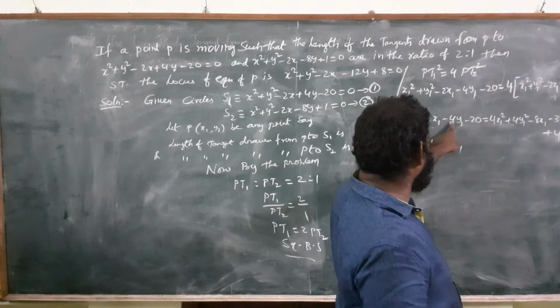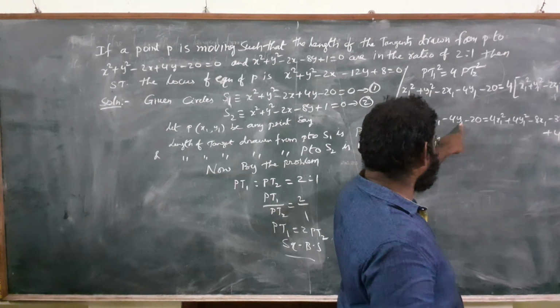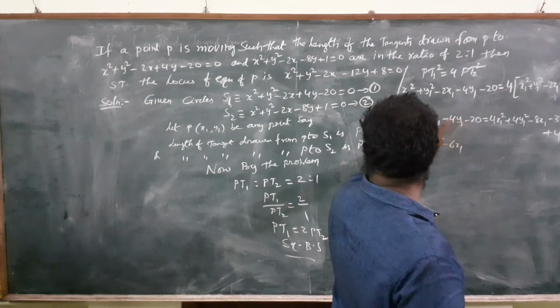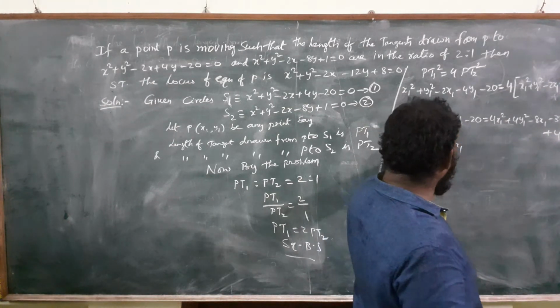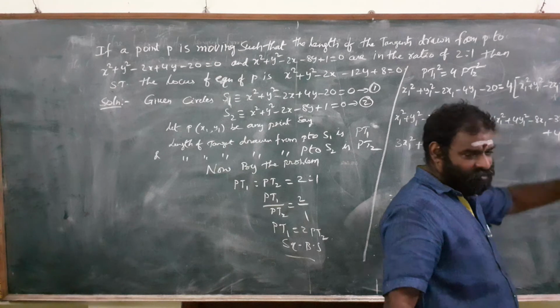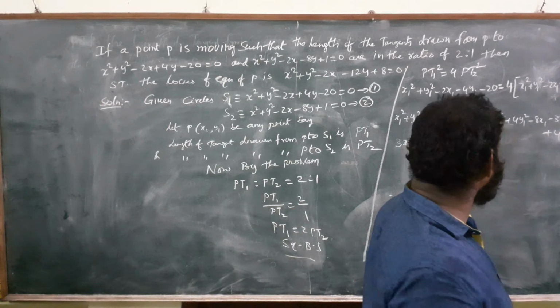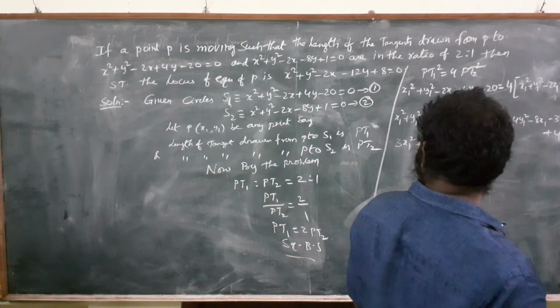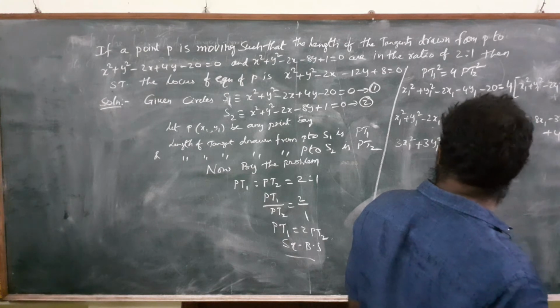And what is it? Minus 4y1, you send this to that side, minus 32y1.